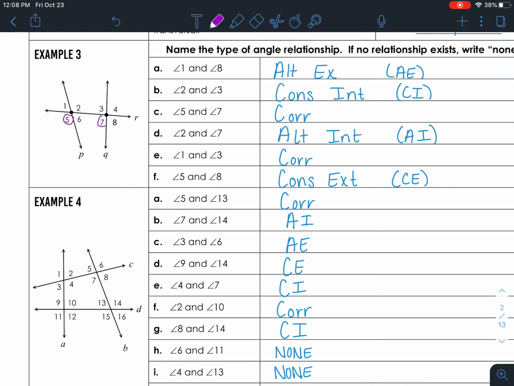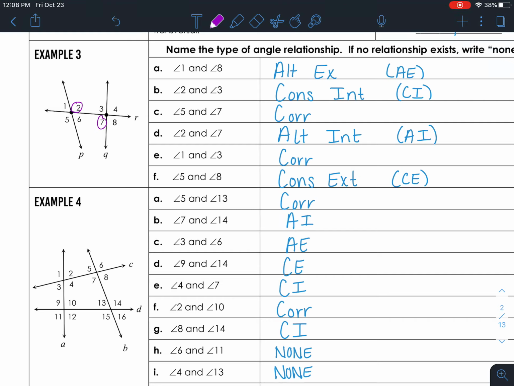5 and 7 are both on the bottom left-hand side of our intersection points. So those would be corresponding angles. 2 and 7 are on opposite sides of our transversal, but both on the inside of those two lines.